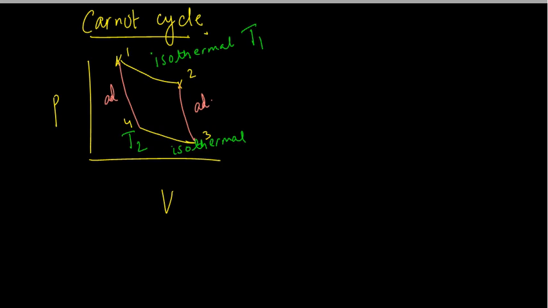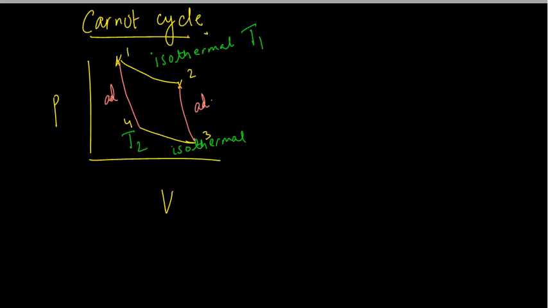And now I wish to calculate what exactly is the efficiency of this cycle. The efficiency would be defined as the work done by this engine divided by the heat that has been input into the engine.